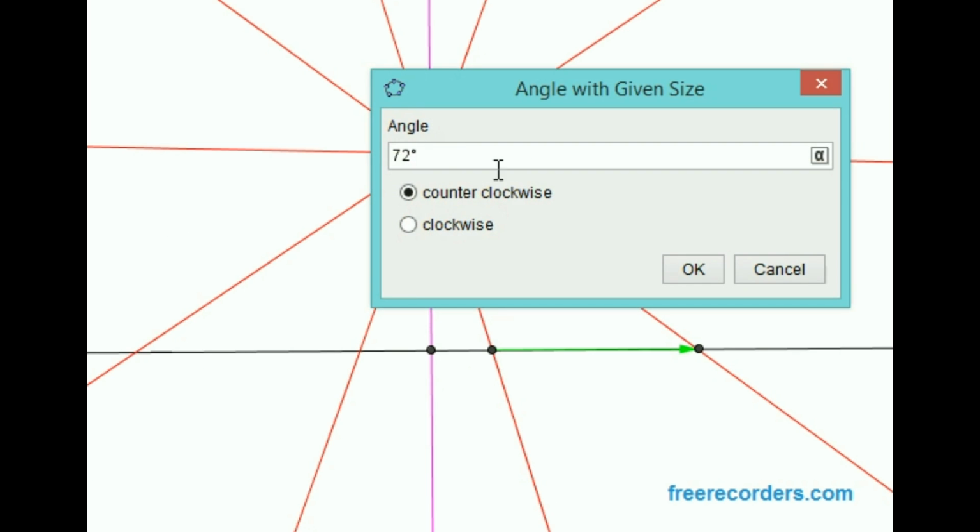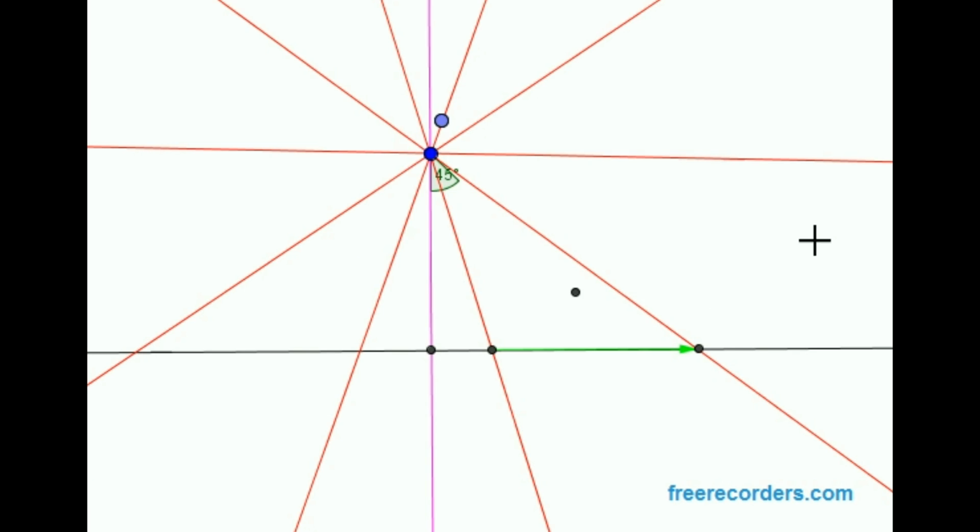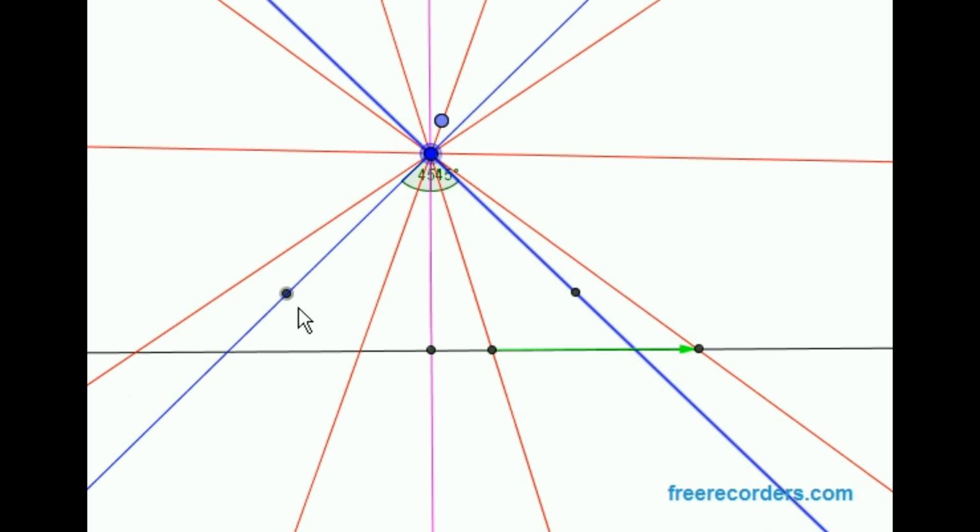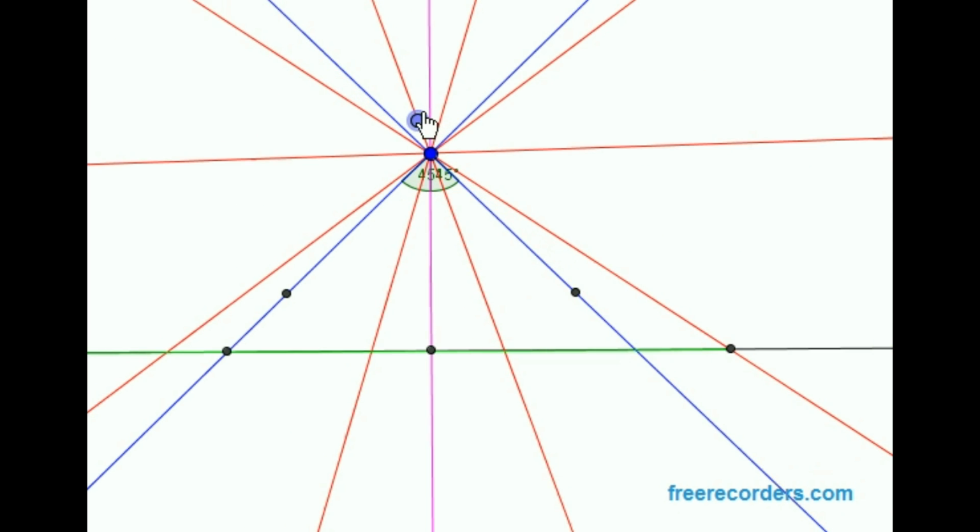Now we can look at these 45-degree angles. And now if we mark these on the line, where these 45-degree angles from our centre of rotation meet the line, these actually give us the imaginary part of our fixed point.